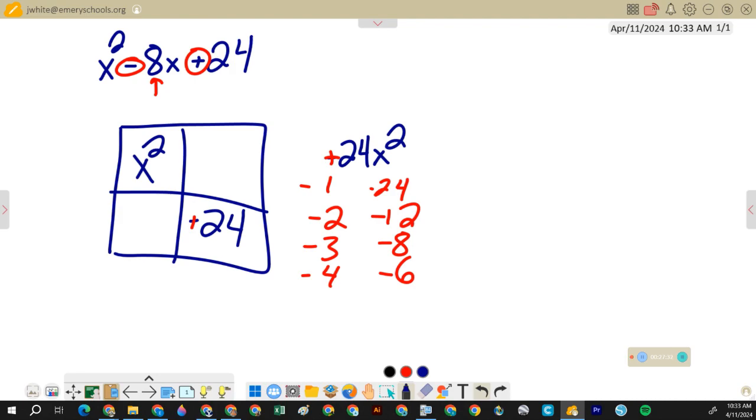No, there's not. What does that mean? Well, what do we call it when a number doesn't factor? What do we call a number that has no factors other than 1 and itself? It would be a prime number. So this is a prime quadratic.